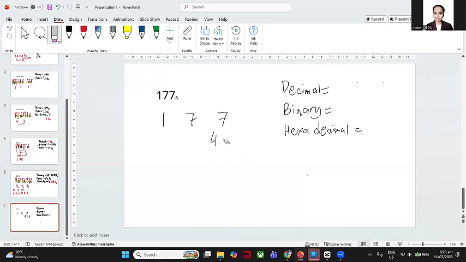Wait, let me change the color. We are going to add them, okay, to see what is the binary of 7. Because there is a binary in each number. So like 1. So the binary of 1 is 0, 0, 1.